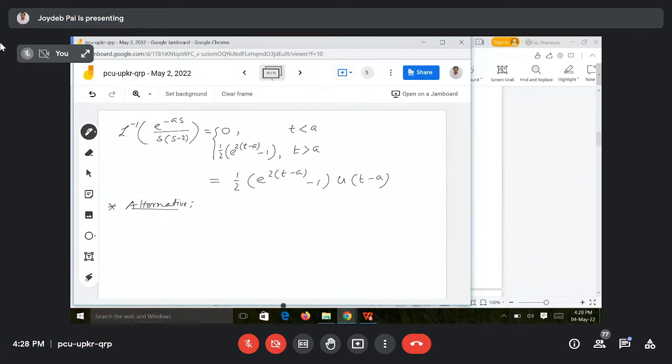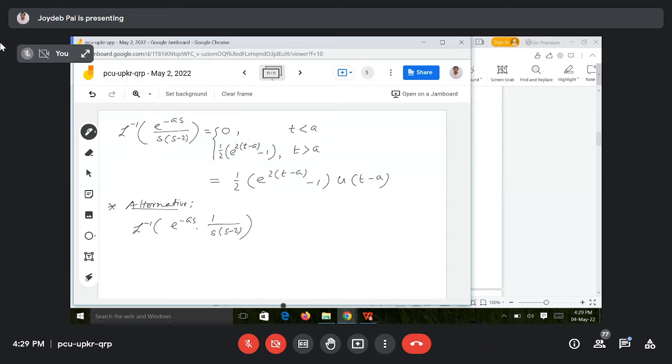In that case, Laplace inverse of e to the power minus as into 1 by s into s minus 2. So it is which form? e to the power minus as into f of s, t shifting, right?